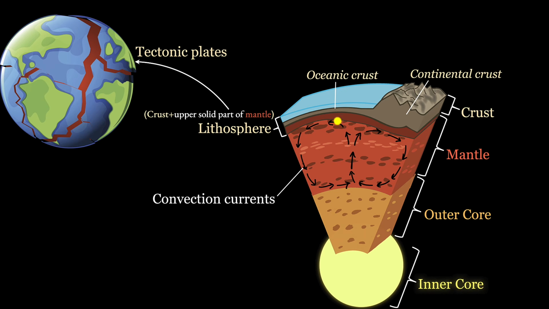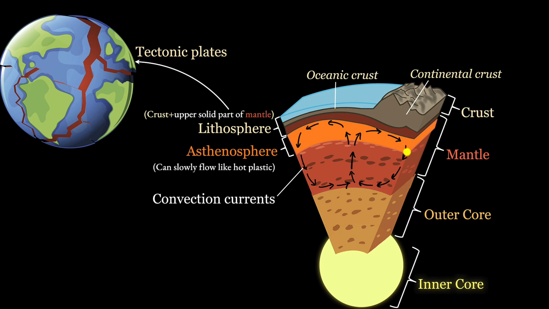Since just below the lithosphere we have a softer layer called the asthenosphere, which can move, the convection currents make the asthenosphere slowly flow like hot plastic. And this flowing asthenosphere takes the fragments of the lithosphere above, the tectonic plates above, for a ride. That's what makes the tectonic plates move.